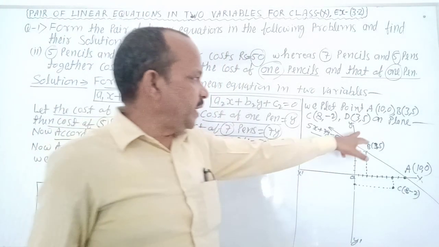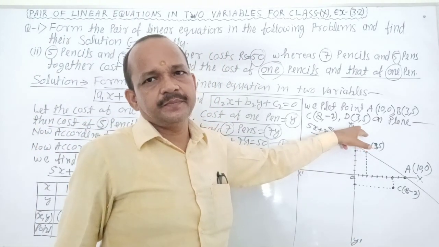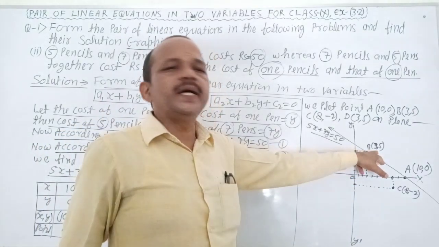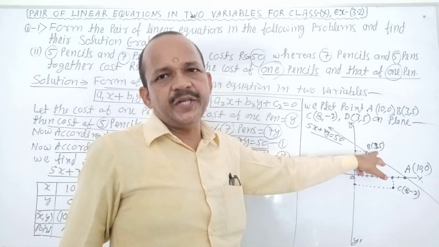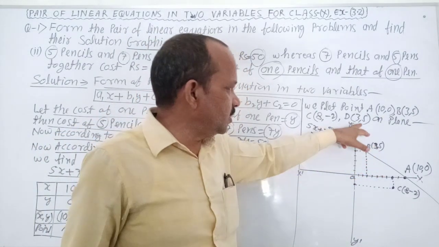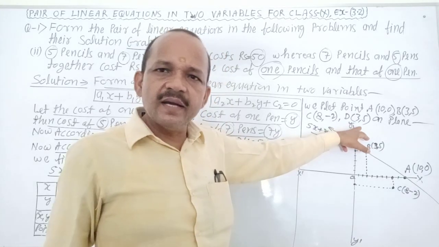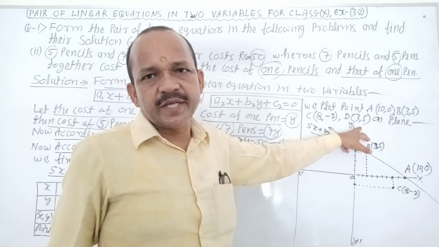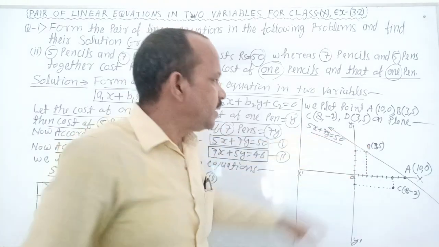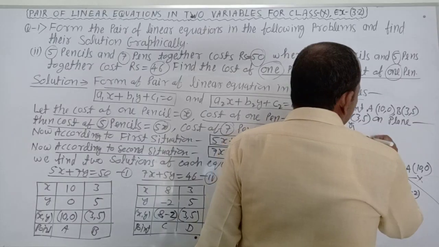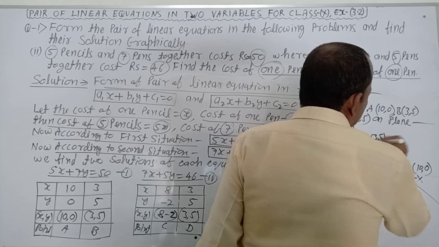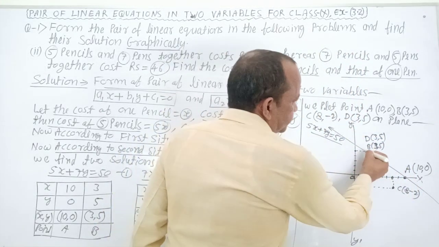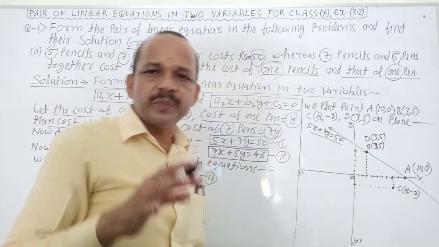Now you plot point D, 3 and 5. Here 3 and 5, the coordinate of point B. The coordinate of point B and the coordinate of point D are the same. It means it is at one point, the same point. Clear? Here point D, coordinate 3 and 5. Both are at the same place.